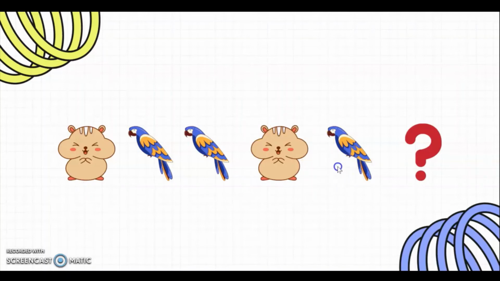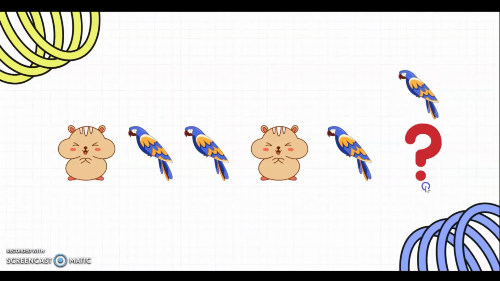Yes, bird. So, by looking at this pattern, you already know that the missing spot in here is a bird. So very good. A bird goes in here.